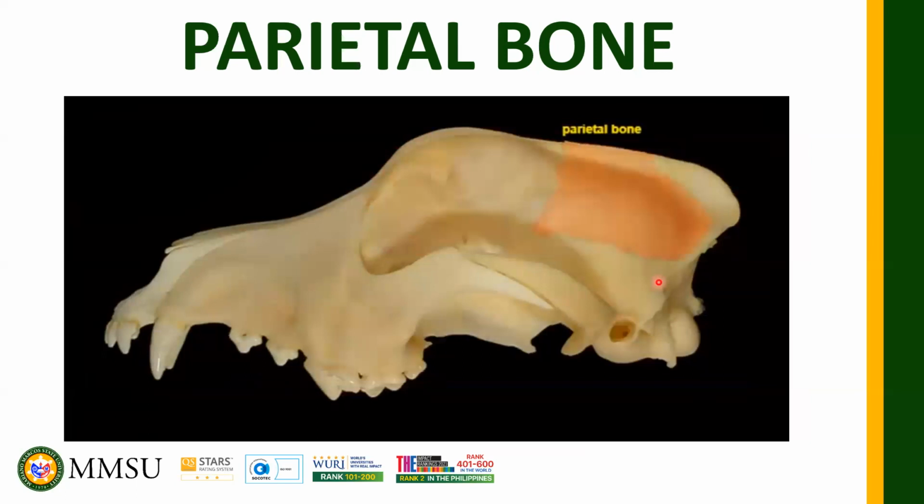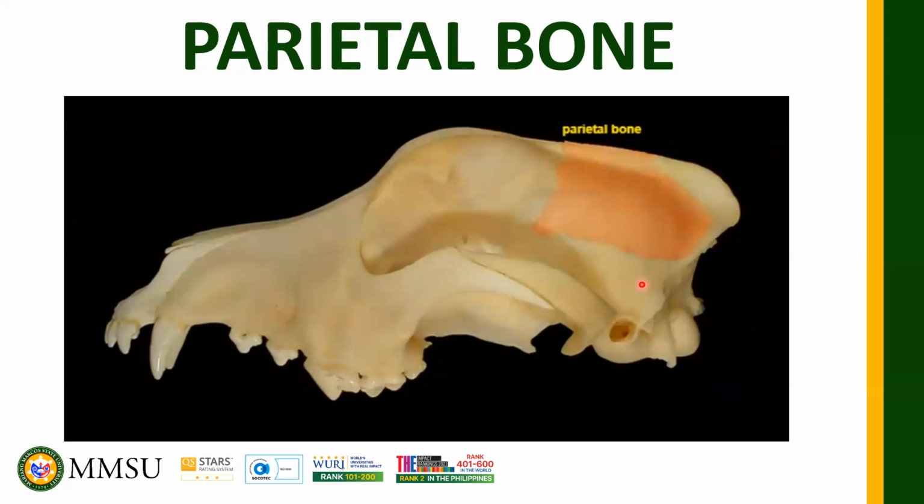Okay, the next one we have the parietal bone. Ito naman, this is one of the paired bones that usually make up the sides and roof of the cranium. So one of the primary functions of the parietal bone, like any other cranial bones din, is to, of course, protect the brain from external trauma.